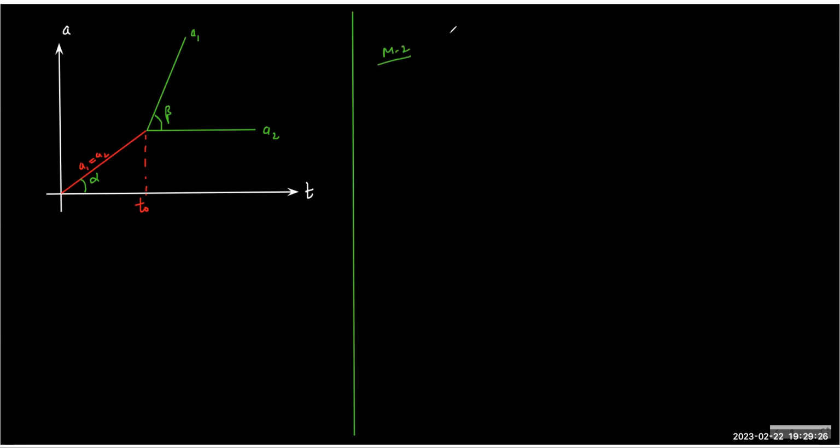So method 2 is start with the assumption that they are moving together and find its acceleration. So this is easy, right?